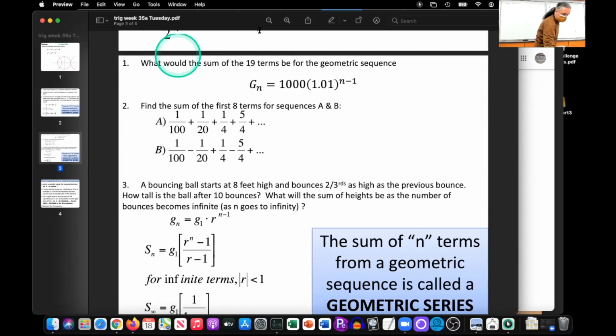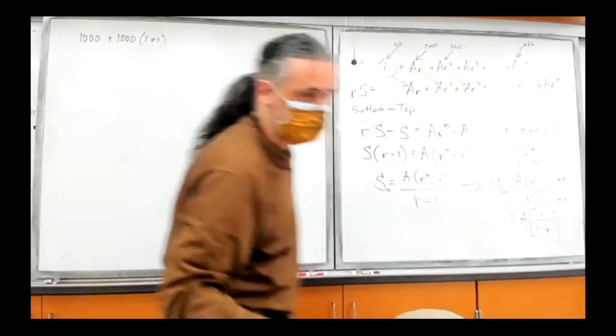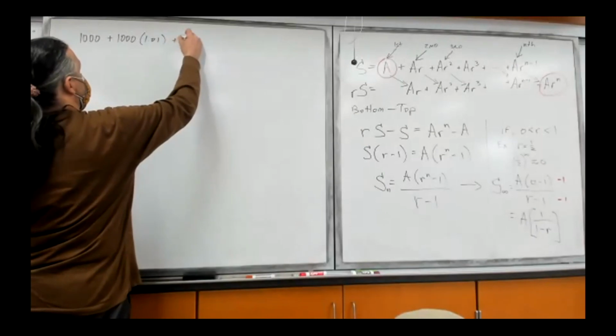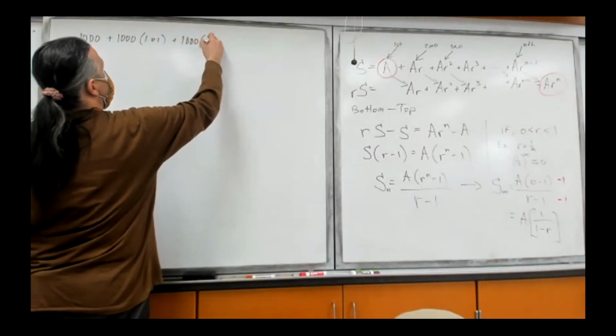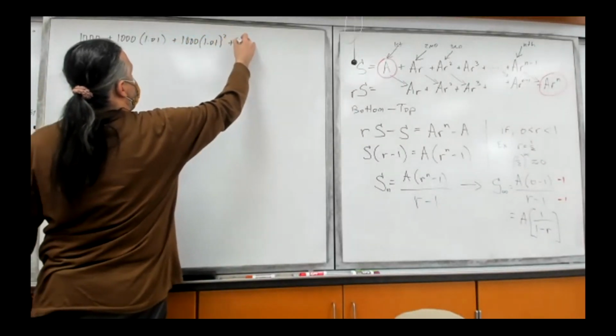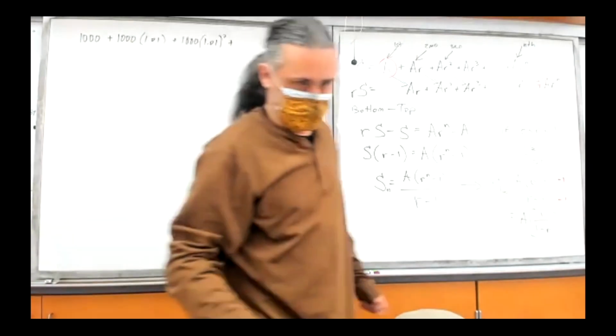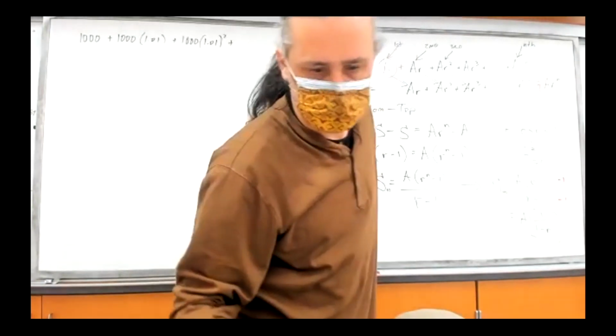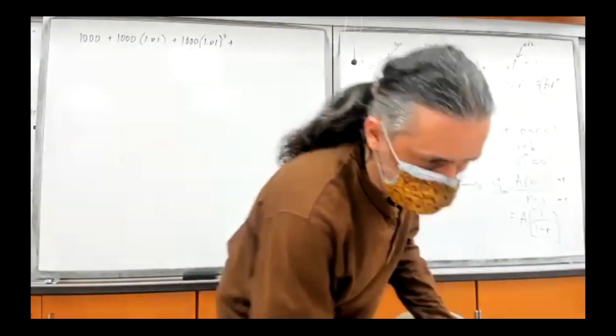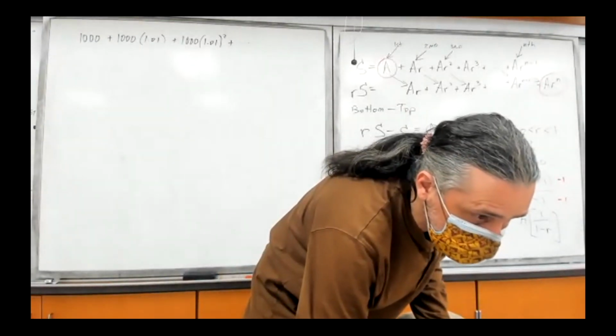So here's the explicit formula. I'm just going to write the sum of the numbers in the sequence. So this is what we're doing. And then the last time, we're doing this for the 19th term. Am I right? Let me make sure I'm not doing anything stupid.